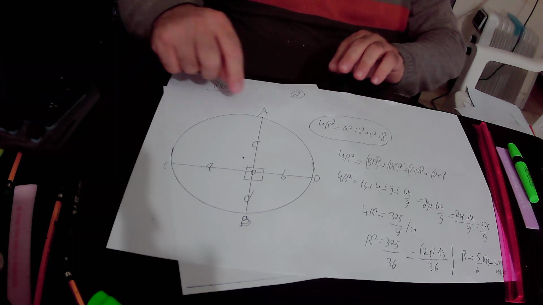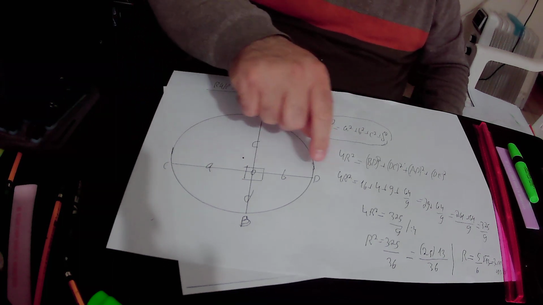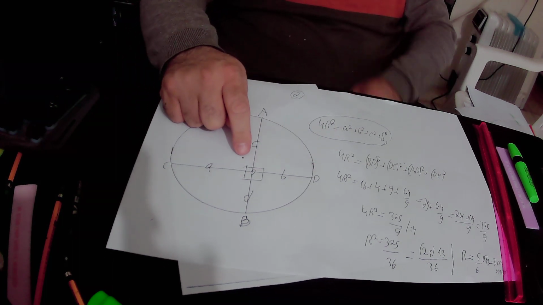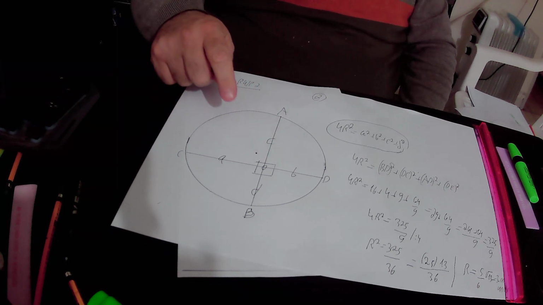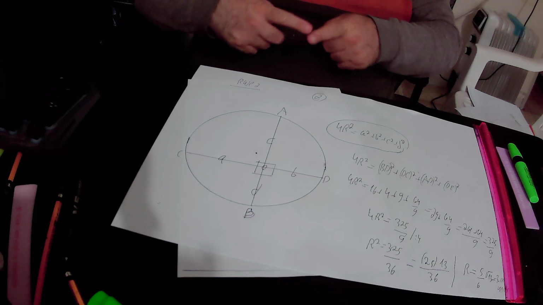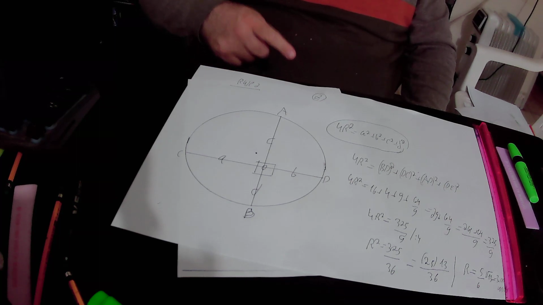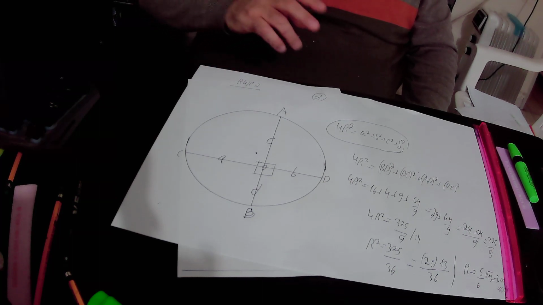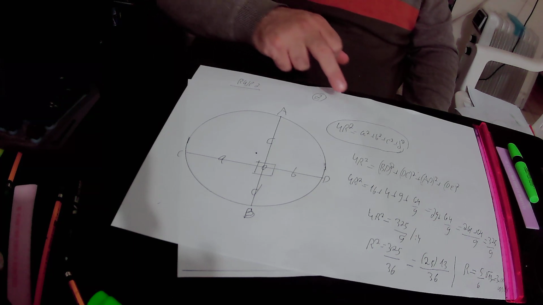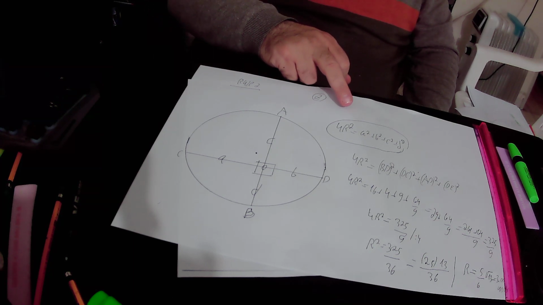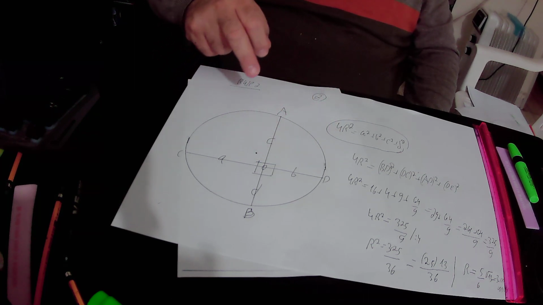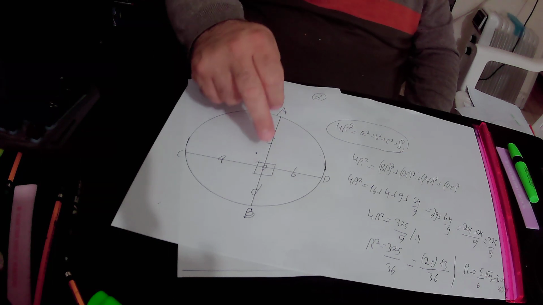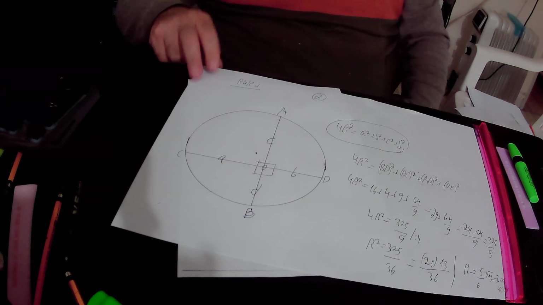If chord AB intersects with chord CD at an angle of 90 degrees, creating between them 90 degrees at the intersection point, then the following equation is true: 4 times R squared, where R is the radius of the circle that contains the chords, equals A squared plus B squared plus C squared plus D squared.